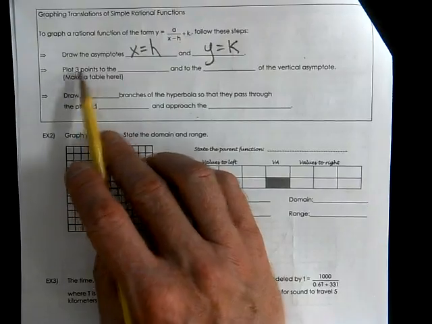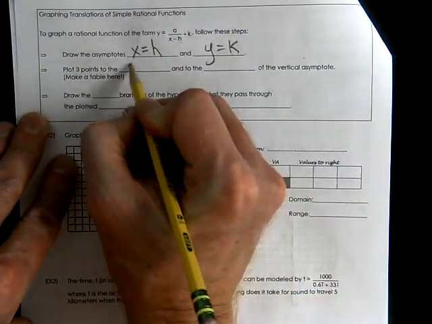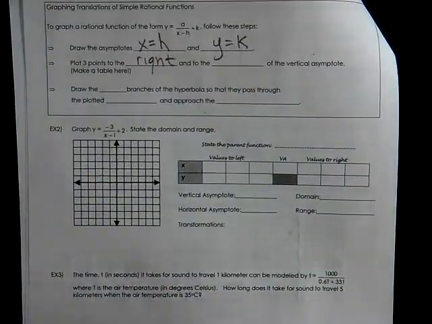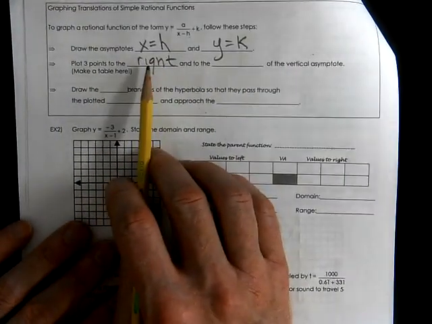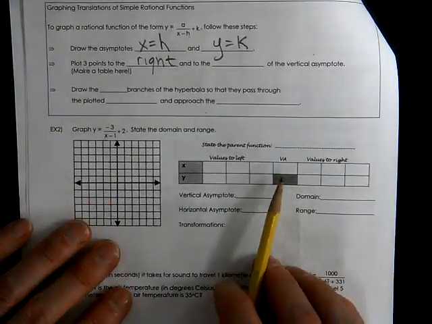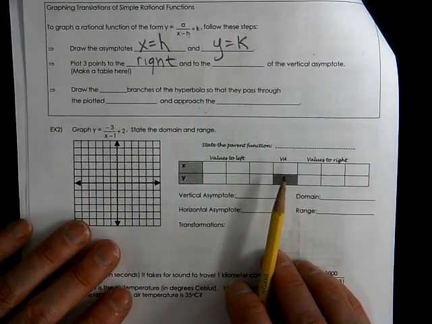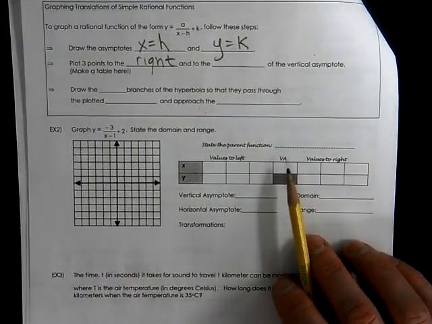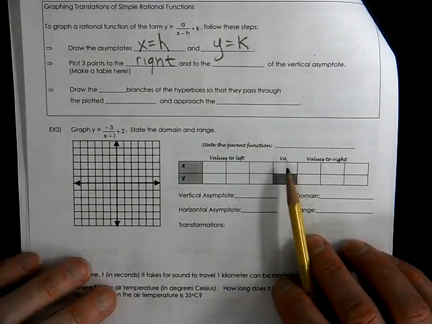Then we're going to plot 3 points to the right. Now, I'm going to explain it a little differently. We're going to use a table to work with the parent function. And we're going to pick 3 points to the right of that original asymptote.